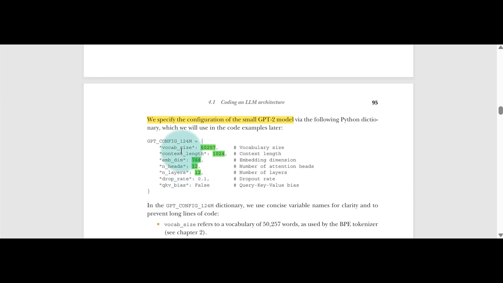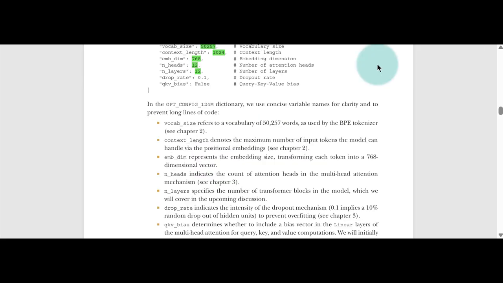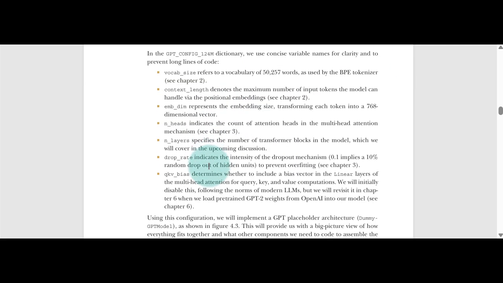We're just going to set this up and load it in, then we can change it as we like, if we want a bigger model or a smaller model, a larger context length or a smaller context length, and so on. So here he explains what all of these things are, and I don't think he says anything about why n heads and n layers have to be the same, but you can check that out.